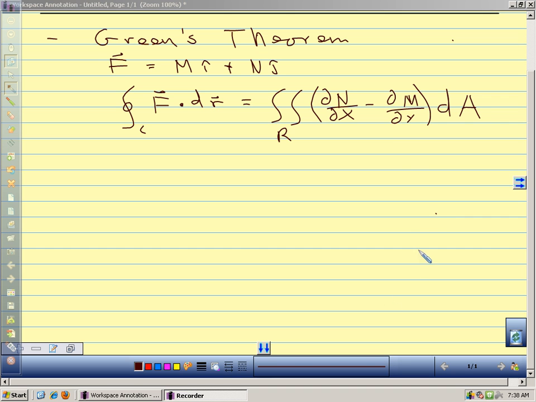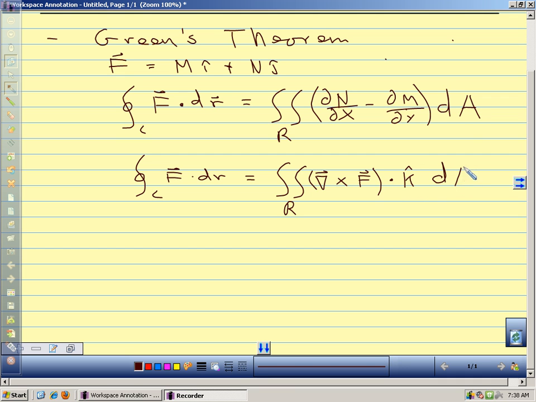Then at the end of that section, we derived a vector version of Green's theorem. The integral around our closed path of F dot dr was the double integral over a region of (del cross F) dot k dA.